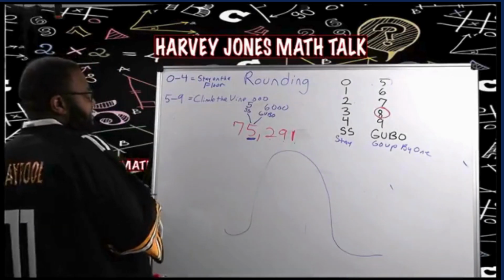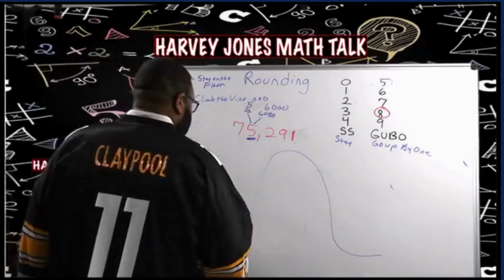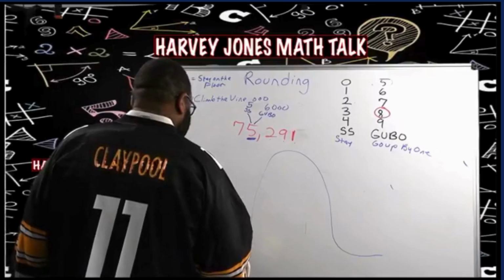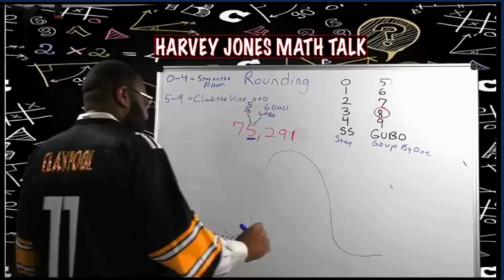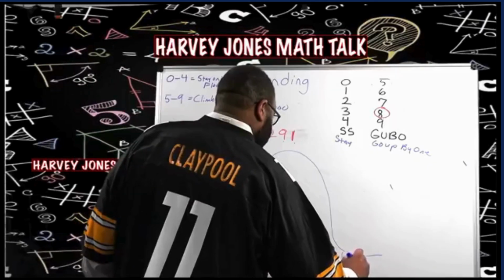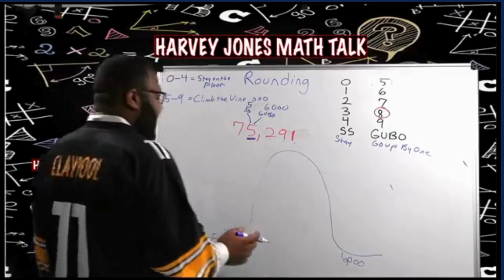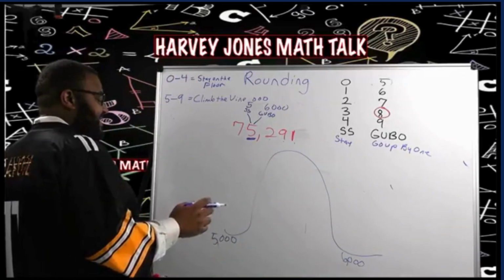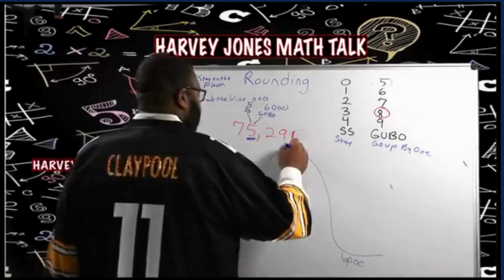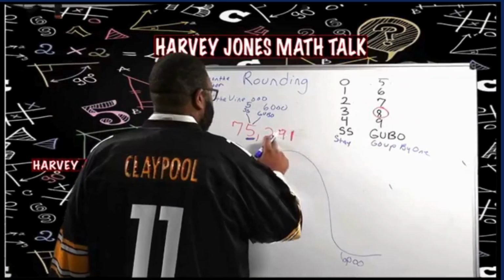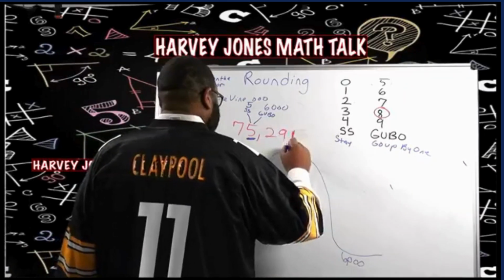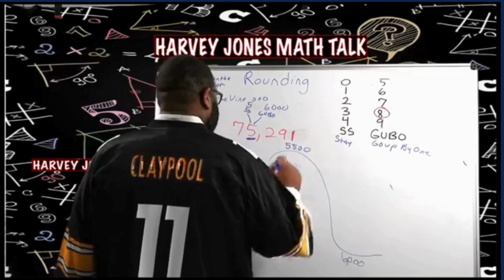What did we say? We're going to be between what? 5,000 and 6,000. Now, what's halfway between 5,000 and 6,000? That's what's going to go here at the top of our mountain. Hopefully I'm doing this correctly. It should be 5,500.